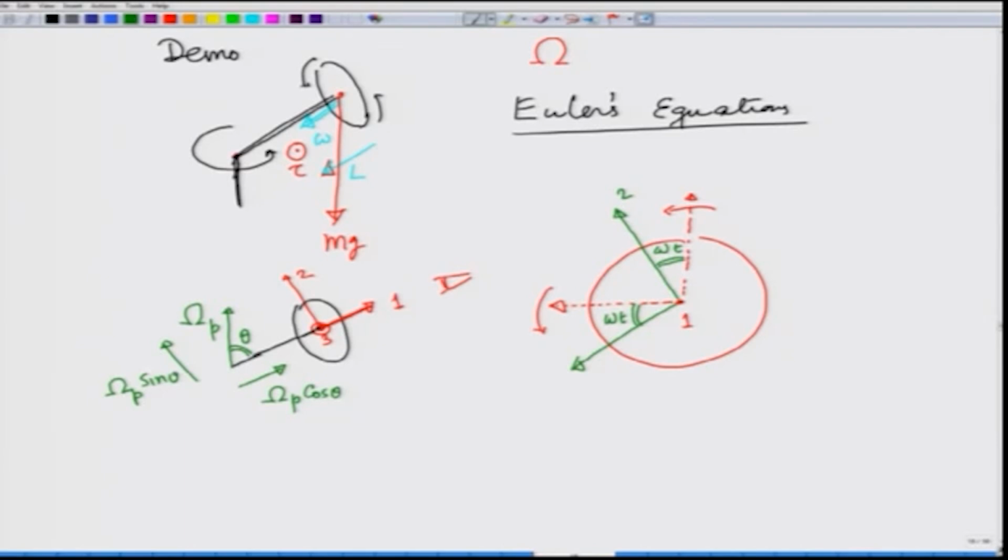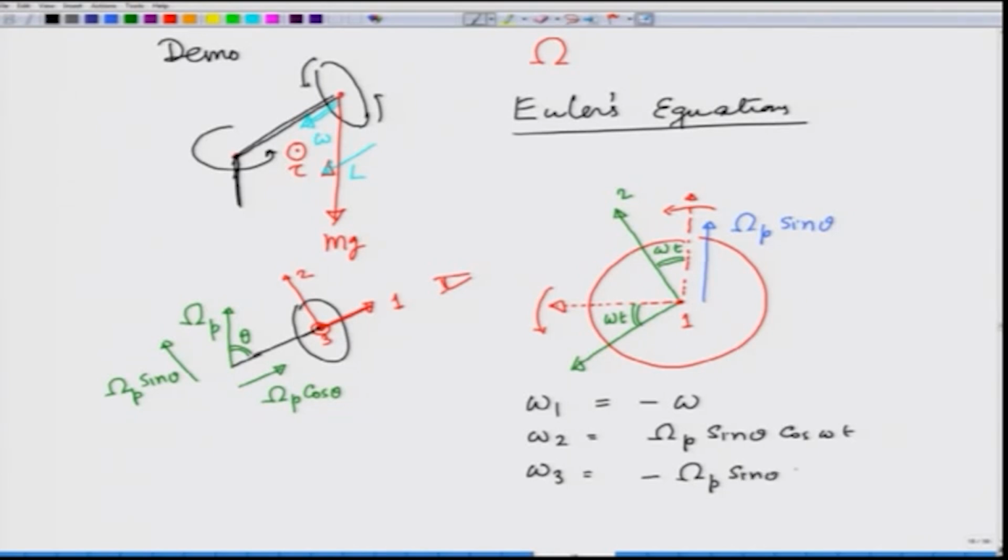So, I have out here, I will show with green, I have omega precession as omega p sine theta, and therefore, I can write omega 1 as minus omega spin, omega 2 as omega p sine theta cosine of omega t, and omega 3 as minus omega p sine theta sine of omega t. We have identified omega 1, omega 2 and omega 3.